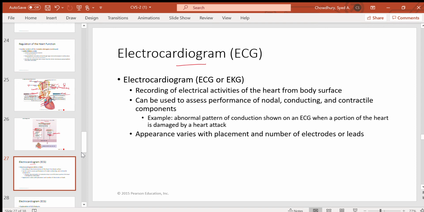Electrocardiogram. Electrocardiogram is the electrical signal that is produced by the conductive system, you remember, and when the conductive system produces the electrical signal, it spreads everywhere in the heart. However, since it is an electrical signal, it also goes everywhere to your body. So not only the heart, your whole body gets the electrical signal.